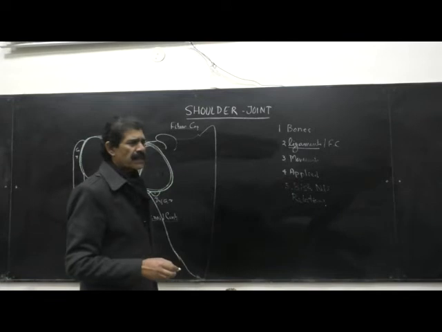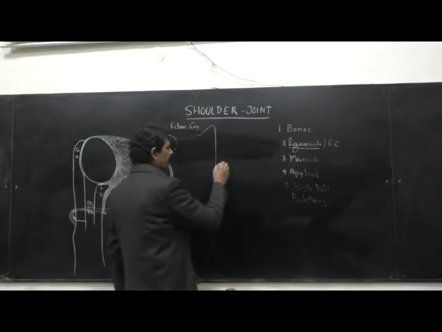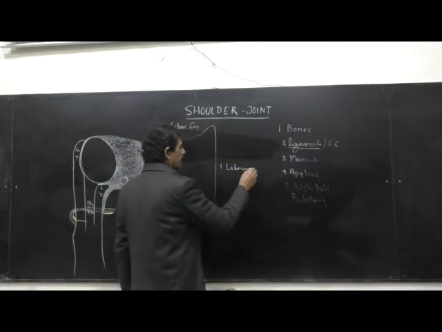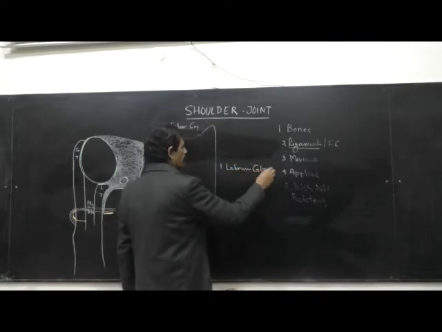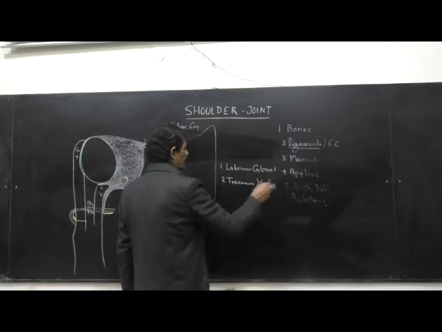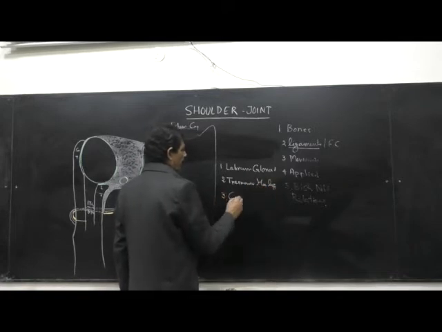The ligaments that are present inside are called the intrinsic ligaments, that is the labrum glenoidale, then the transverse humeral ligament, then there is the coracohumeral ligament, and there is the glenohumeral ligament.